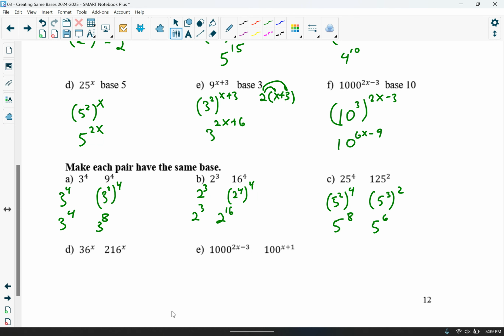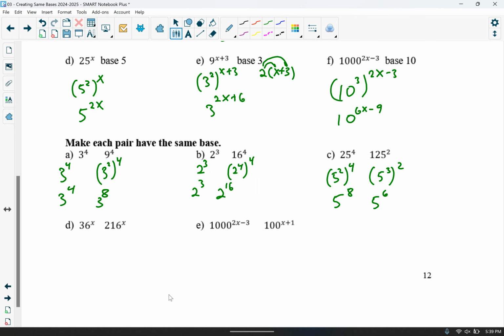Okay. D, we have some variables in our exponents now, 36 and 216. Again, what base do they both come from? That would be 6. 6 squared is 36, so that'd be 6 squared to the x power. 216 is 6 to the 3rd power to the x power, so that would be 6 to the 2x power and 6 to the 3x power.